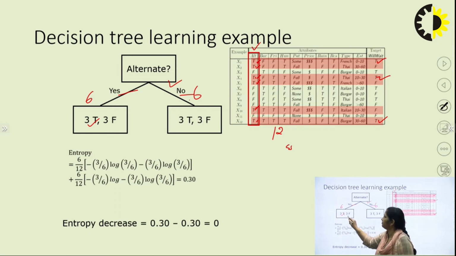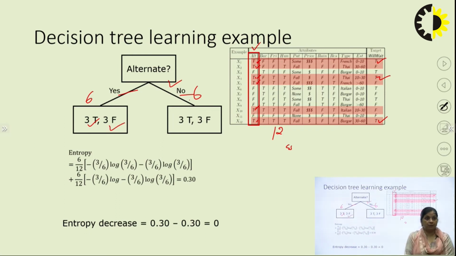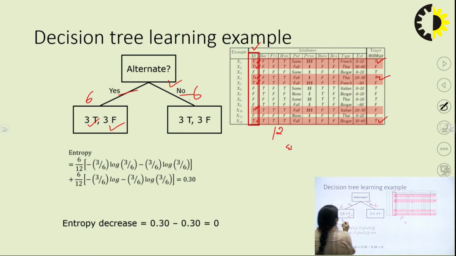So 6 is divided into 3 true and 3 false. In alternate I have 6 true values and 6 false values, and among these 6 true alternate values, 3 times the target is true and 3 times the target is false.